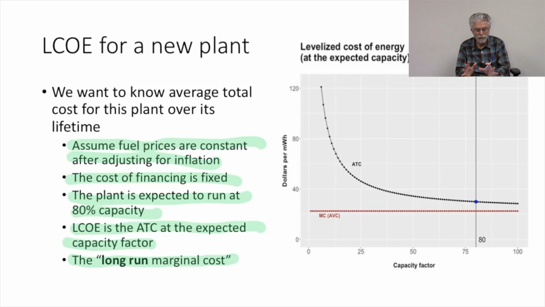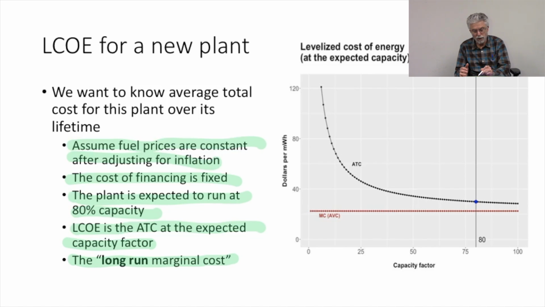So if you think about a plant as having a given average total cost, so we design a plant, it's a baseload coal plant or a baseload natural gas plant, 500 megawatt capacity. What is its average cost going to be? Well, in order to think about that, I've got to know how much it's going to run.